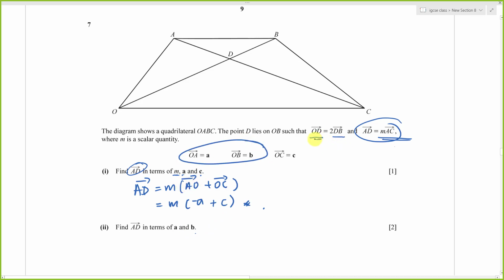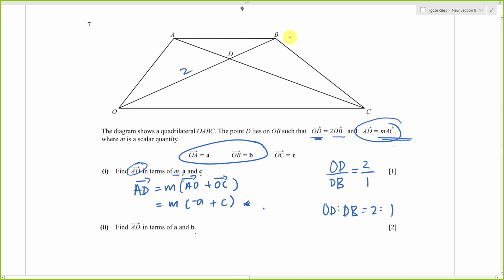So let me solve this first. OD equals 2DB. So OD will be double the DB here. If you cannot understand, I always recommend my students change the equation into a fraction to get the ratio. So I move my DB to the other side, I get 2/1. Therefore, OD over DB equals 2/1.